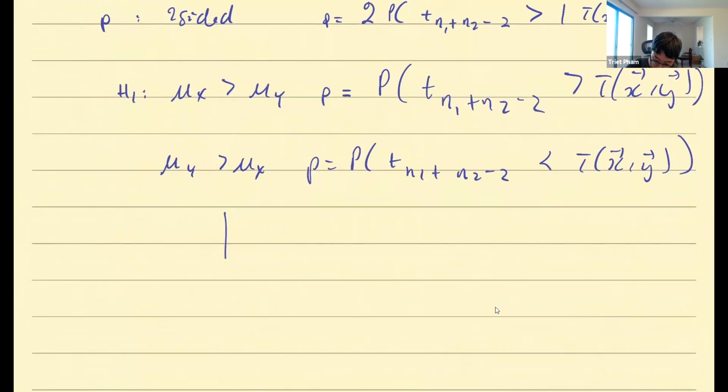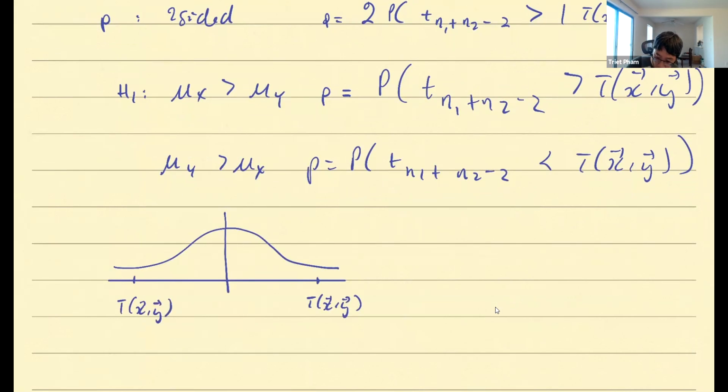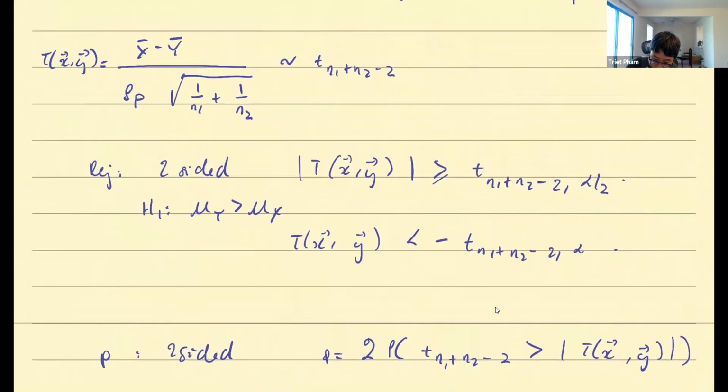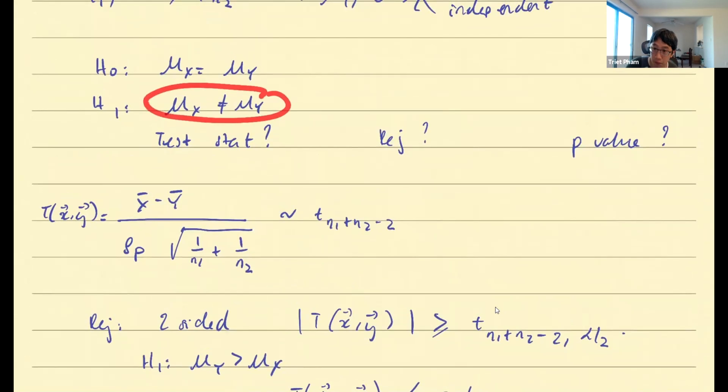Again, if you want a picture in mind, this is a t distribution. So your test stat should be quite big or quite small for you to reject. For example, it can be either here or here, for you to say that mu x is sufficiently different from mu y.